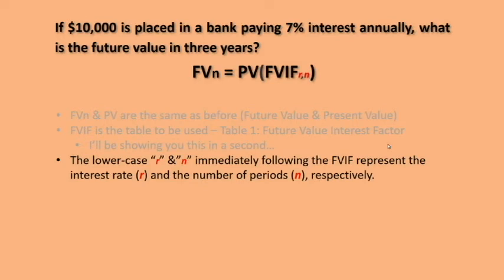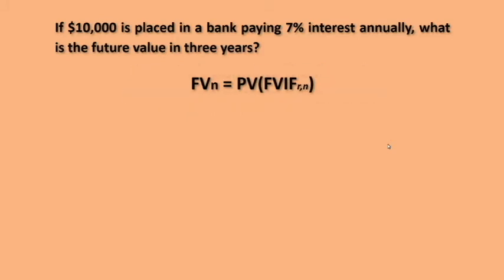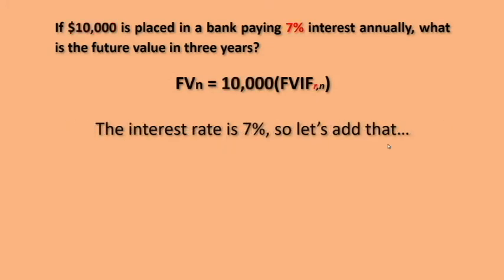Now, the lowercase r and the lowercase n immediately following the FVIF represent the interest rate and the number of periods, respectively. Okay, let's go ahead and populate the formula with the values from the problem. We're going to start out with that $10,000, so let's go ahead and add that in the formula. Boom, there it is. And the interest rate is 7%, so let's go ahead and add that. Okay, there we go.